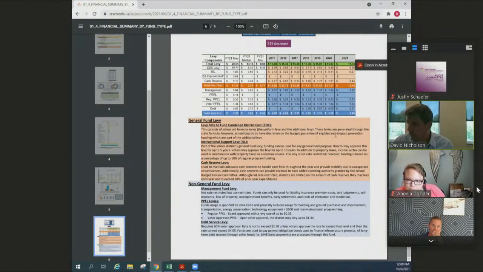These levies are generated through the formula, and the boards do have discretion on the budget guarantee component. The budget guarantee means that you've lost enrollment, and that it exceeds the increase in the allowable growth that the state gave.